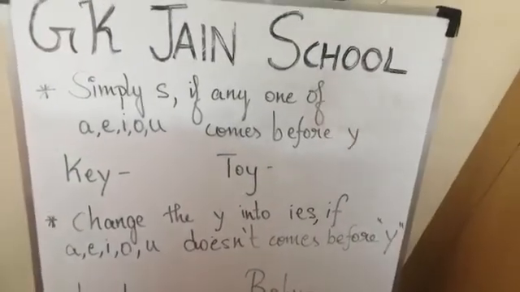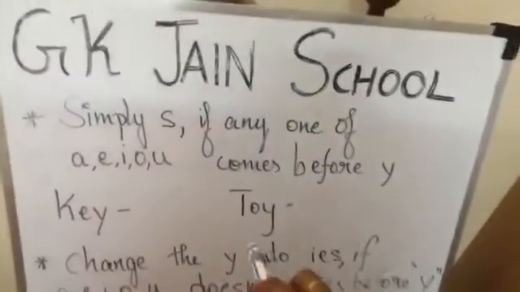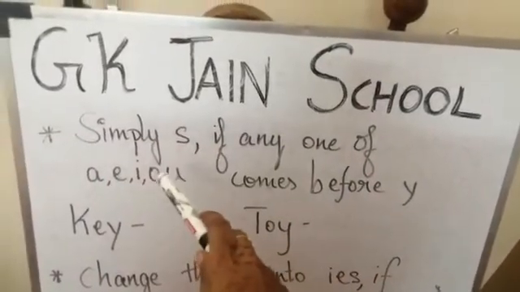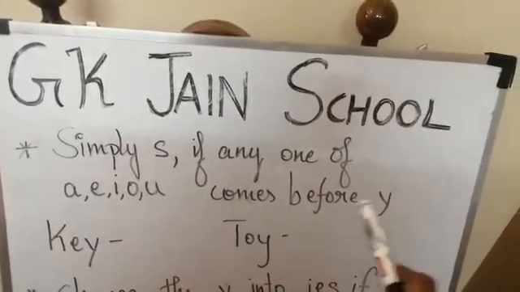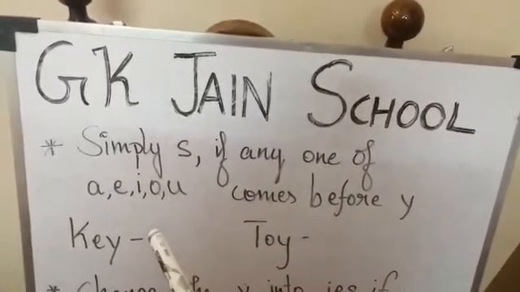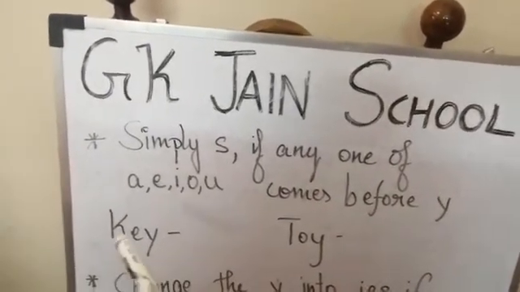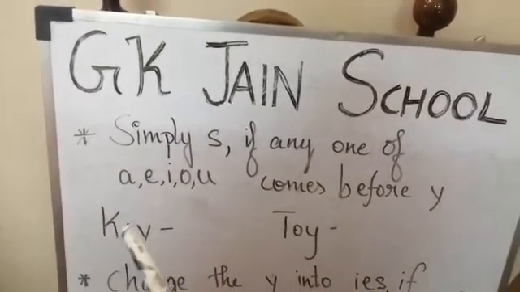Okay, children. I told you, right? If vowels, that is a, e, i, o, u, come before y, then you should simply add s. For example, key, K-E-Y.